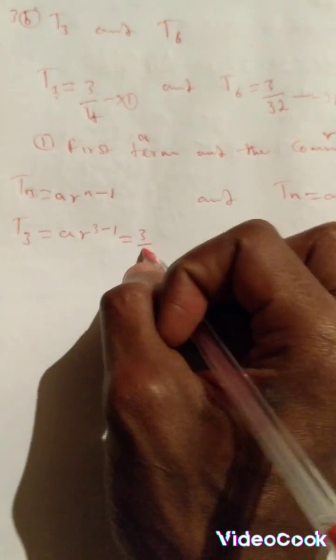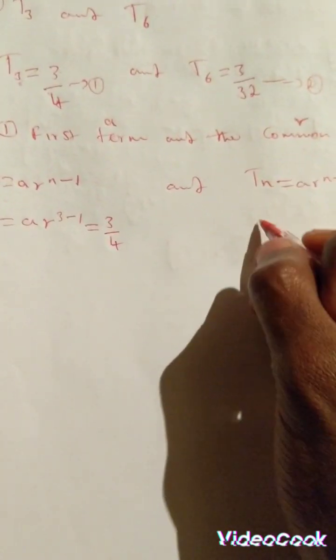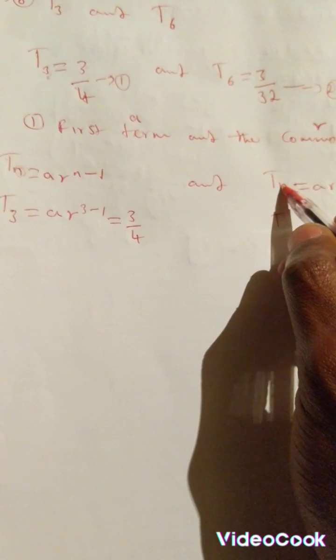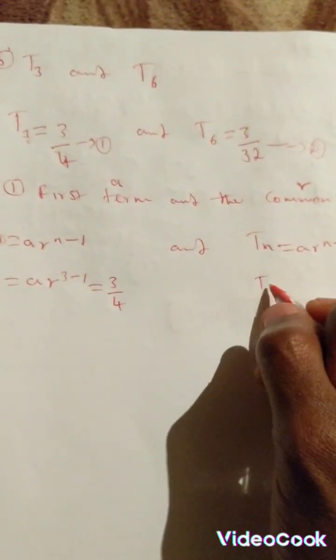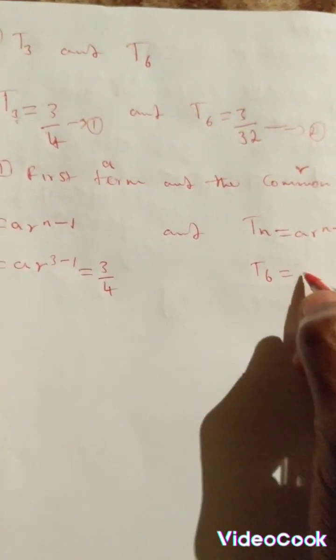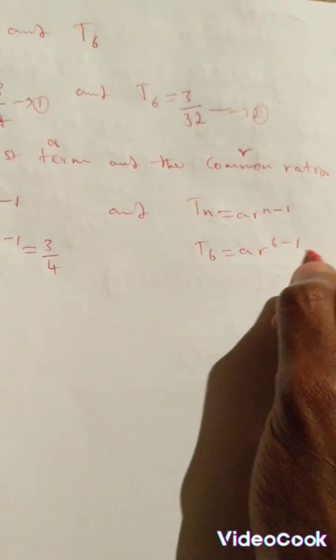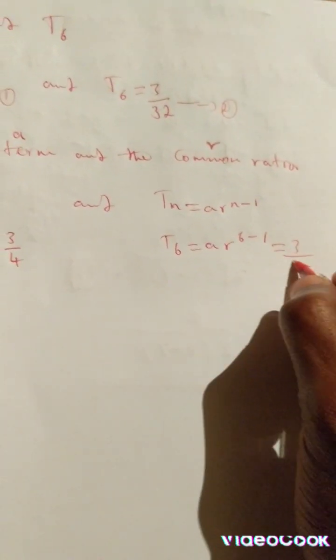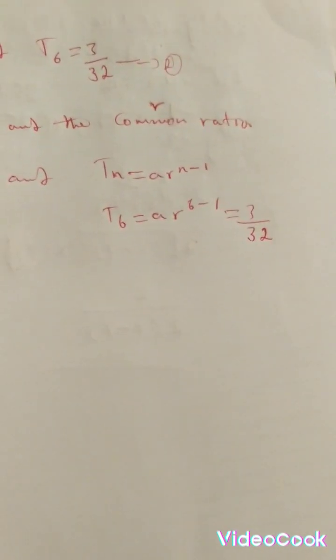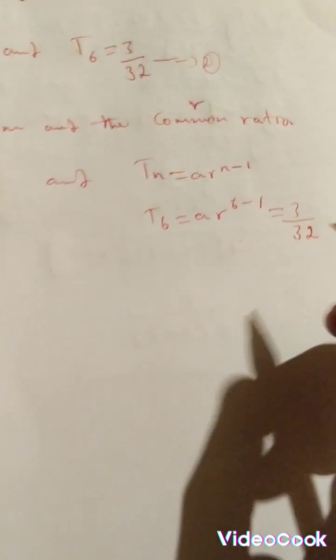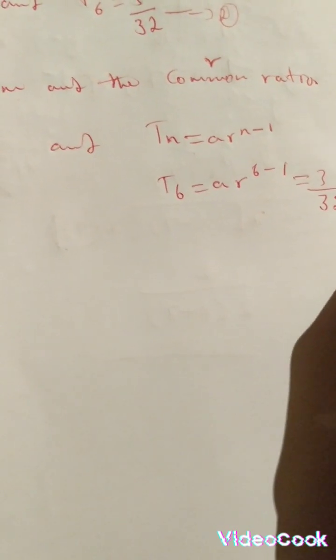Then on this side, for n equals 6, we have a r to the power 6 minus 1 equals 3 over 32. Don't forget, this is our equation 2, and this is our first equation.